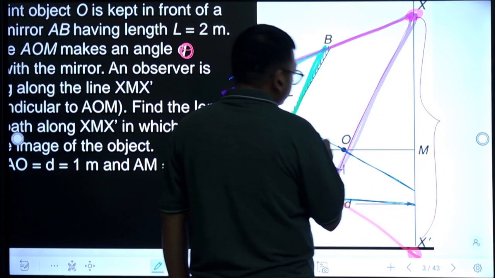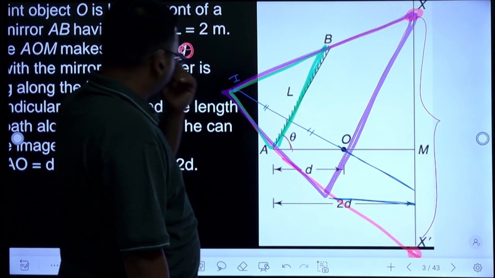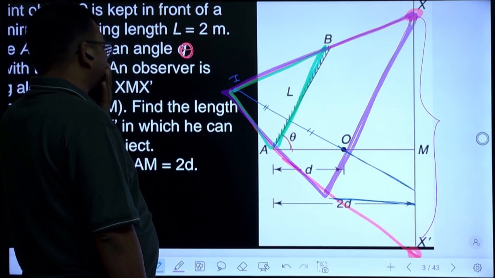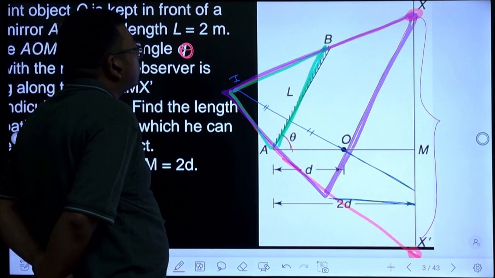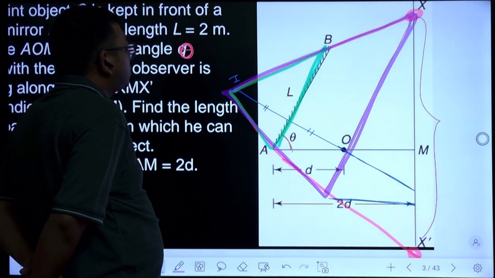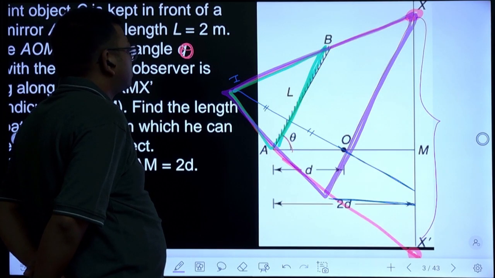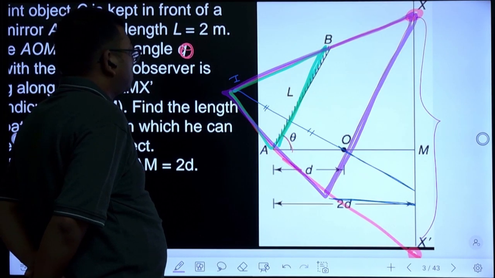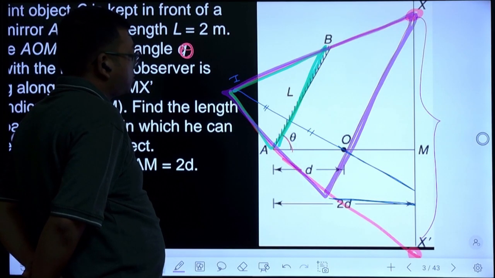You can also stretch this like this. So tell me, how do you calculate this? Apply some geometry concept and do that. Then you do it.